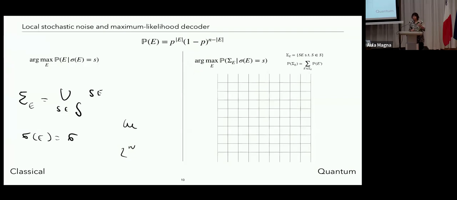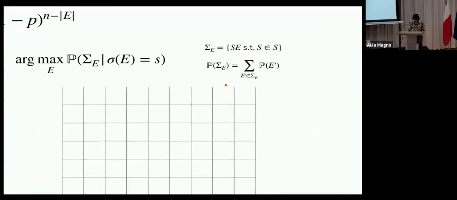So the minimum weight error could belong to a class of errors. You could have the situation where you have a class of errors with a lot of medium weight errors whose global probability, by this sum, is actually higher than the probability of the minimum weight one.